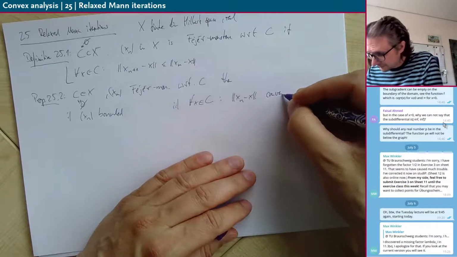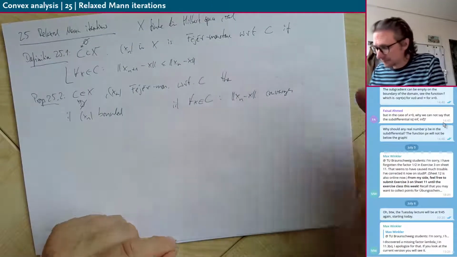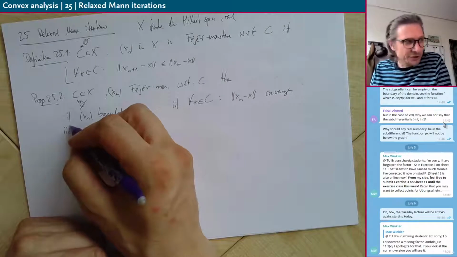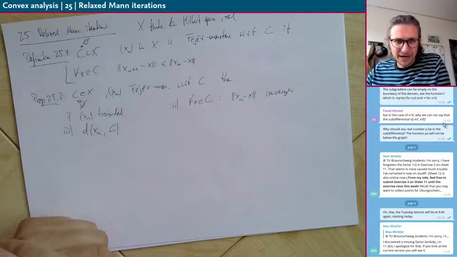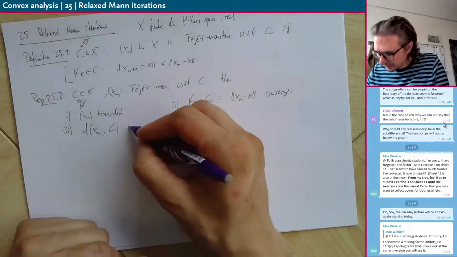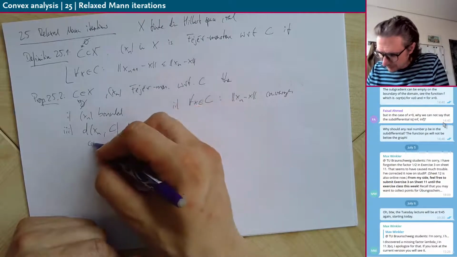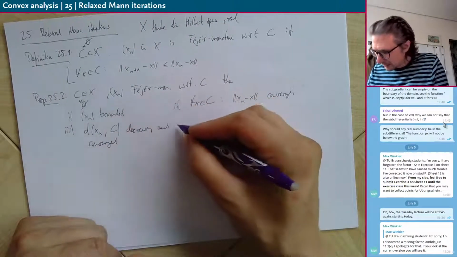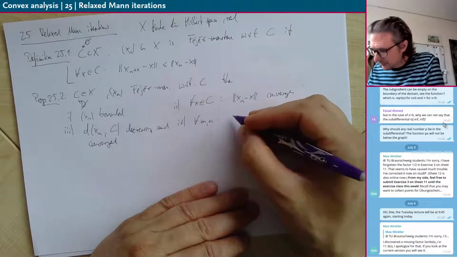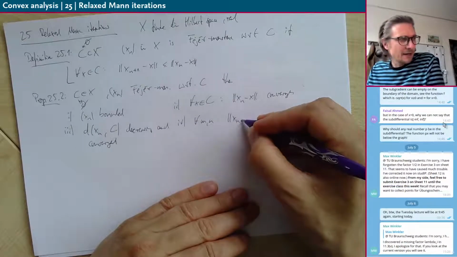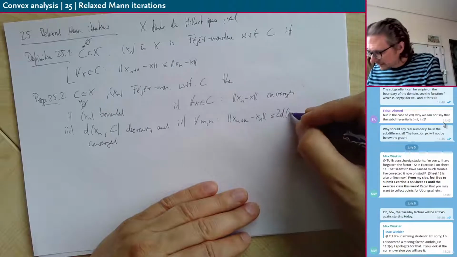It's a sequence of real numbers; we don't say to what it converges, but it does converge. Three, the distance of x_n to C is decreasing and convergent as well. And last, for all m and n, it holds that ||x_{n+m} - x_n|| is smaller than 2 times the distance of x_n to C.